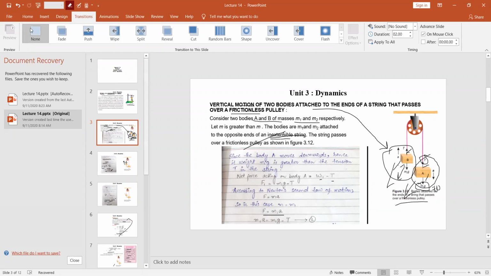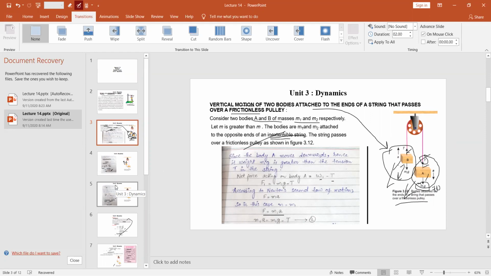There is a tension, but the body is more likely to move downward. It means it has more weight, and the tendency of moving upward is less as compared to the motion.